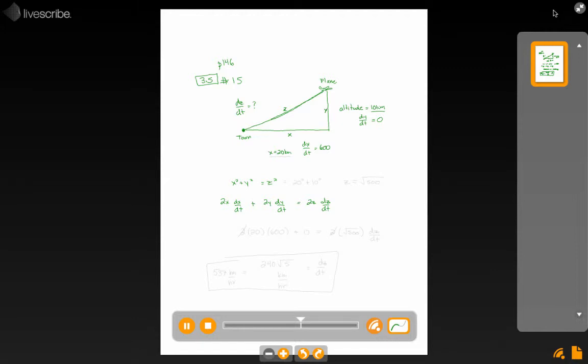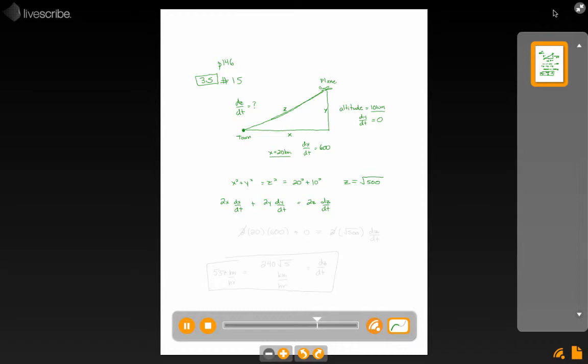We're also looking at a specific instant in time when x is 20 kilometers. We know that y is 10 kilometers, so we can find out what z is just by saying, z squared equals 20 squared plus 10 squared, and find out that z equals the square root of 500, which we can simplify in a second.